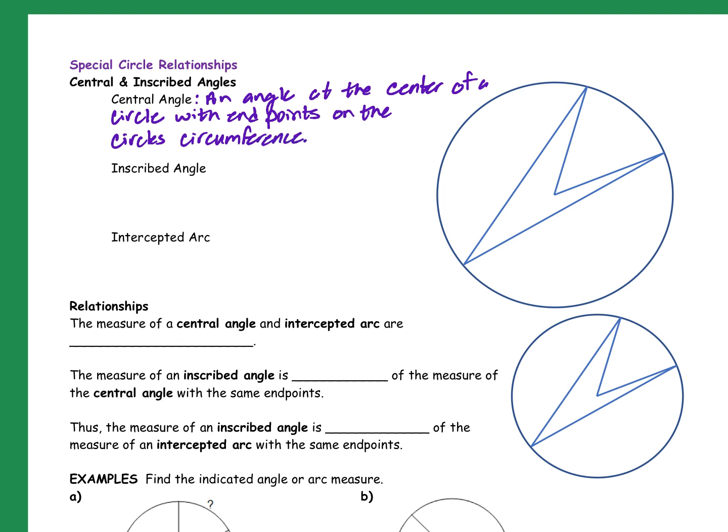So what that looks like, here's the center of my circle. This angle right here that I'm doing in purple, this angle is called a central angle.